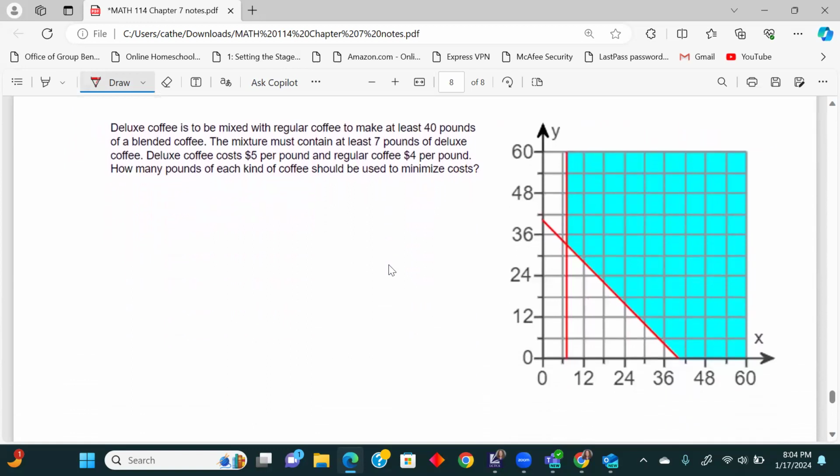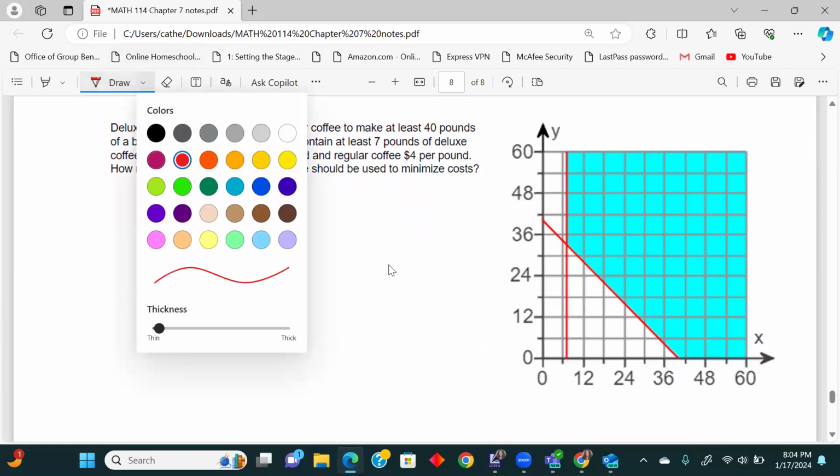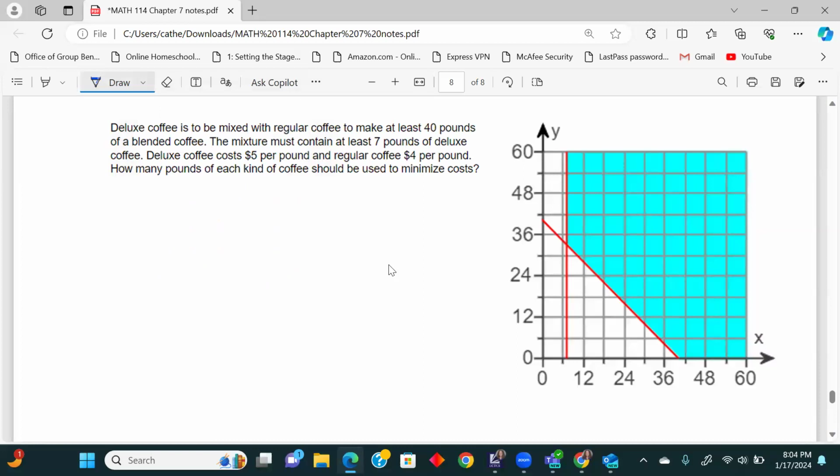All right, deluxe coffee is to be mixed with regular coffee to make at least 40 pounds of a blended coffee. Okay, I am going to have to find X and Y here. So let's let X be the deluxe.